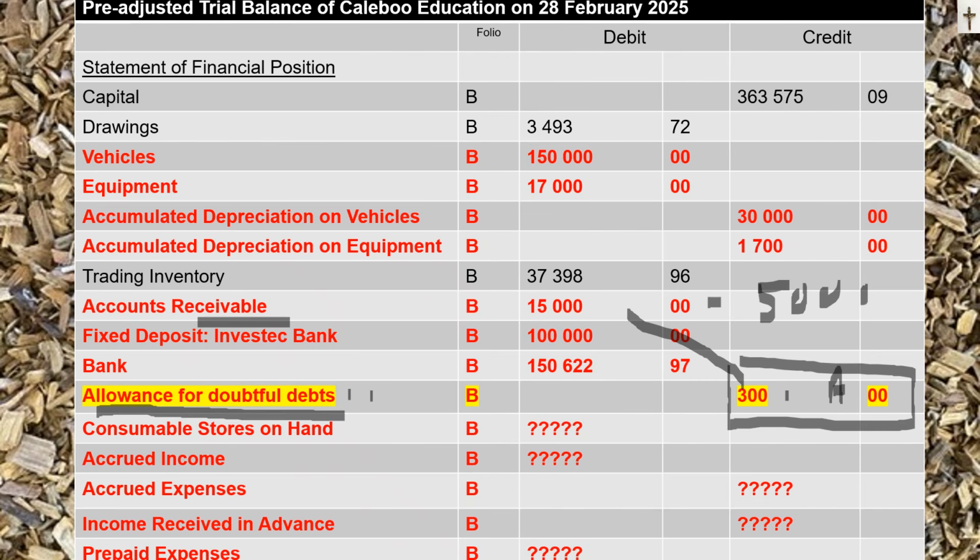Allowance for doubtful debts. Now they're saying the amount for allowance for doubtful debts must be calculated as 4% of accounts receivable. Remember, there's a balance there already in the account of 300.